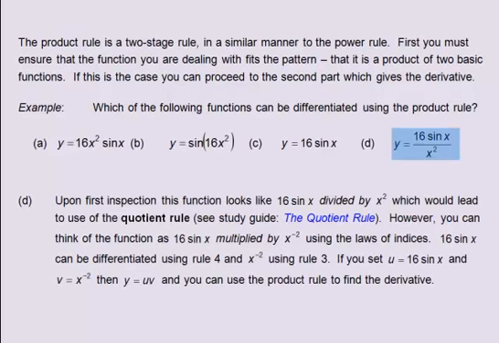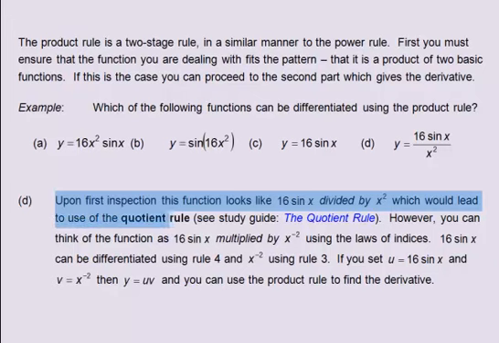y equals 16 sin x divided by x squared. Upon first inspection, this function looks like 16 sin x divided by x squared, which would lead to use of the quotient rule. See study guide, the quotient rule.